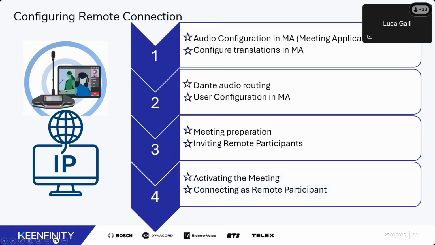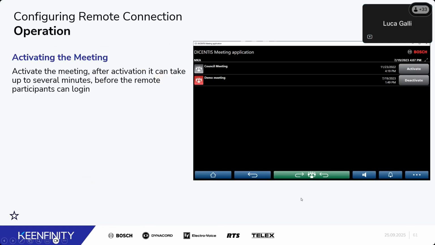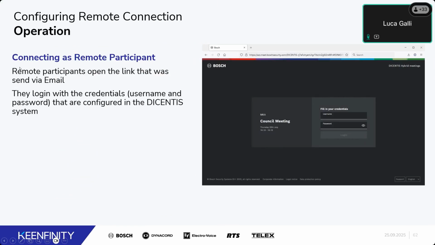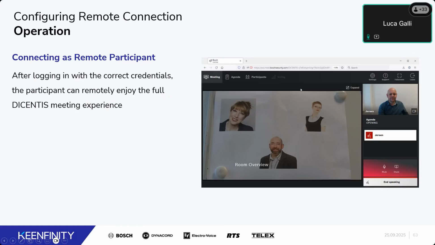Then you can activate the meeting. With the meeting application, you can activate the meeting you prepared. And once you activate the meeting, it's easy also to connect as a remote participant because clicking on the link that is shared via email, you get this page. So you can write down the username and the password that has been assigned, and then you get in. So this is a typical page of the remote participant.